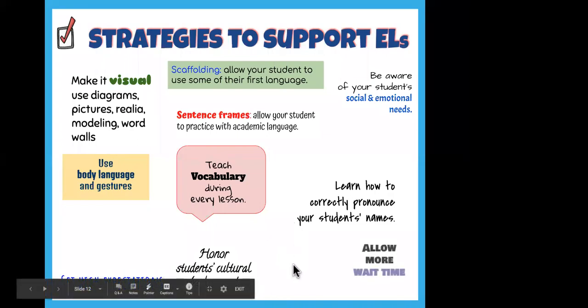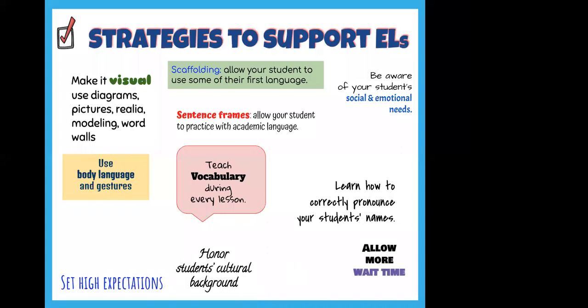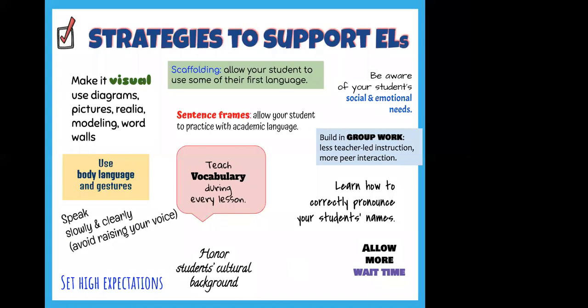Definitely give your students extra wait time, a lot of group work, a lot of peer interaction. Right now is a little bit more challenging because we are all doing video conferencing, but definitely use those breakout rooms, put students in smaller groups. It is a lot less challenging to share with one peer or two than to share with the entire class, especially when your English is not that great.